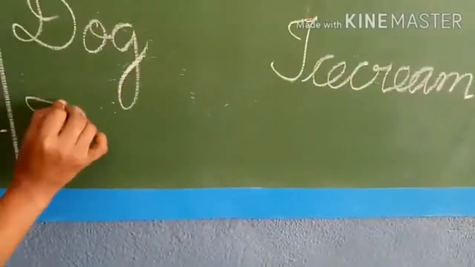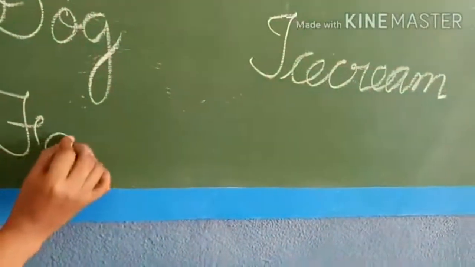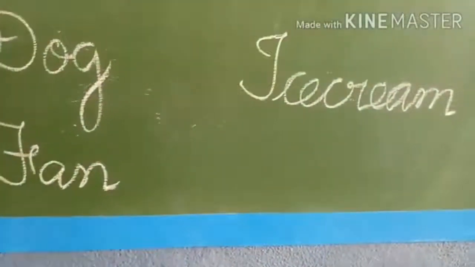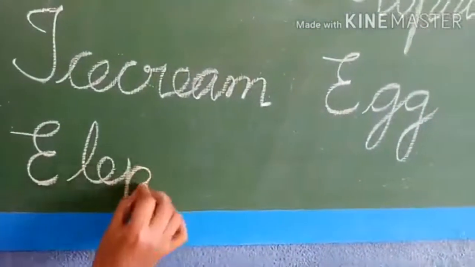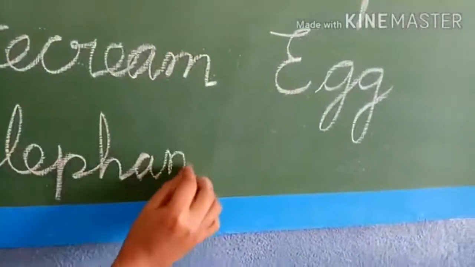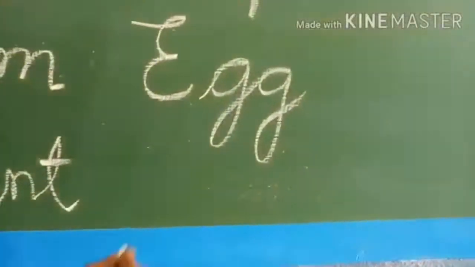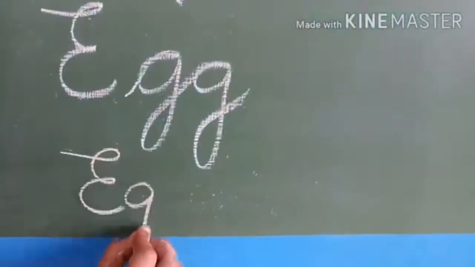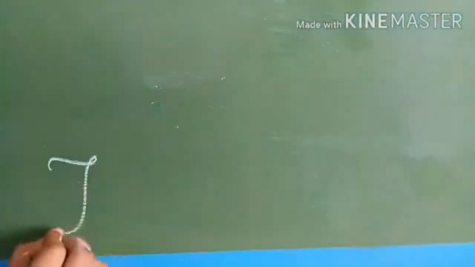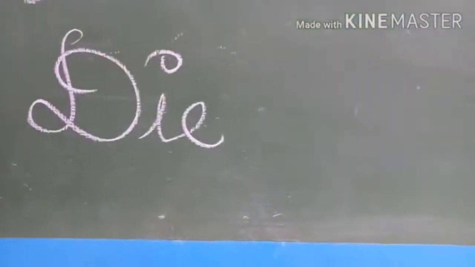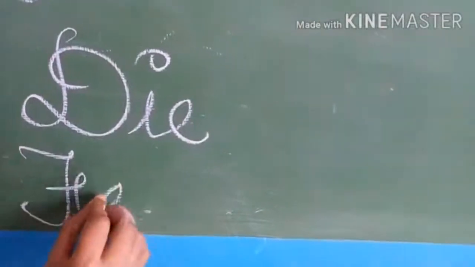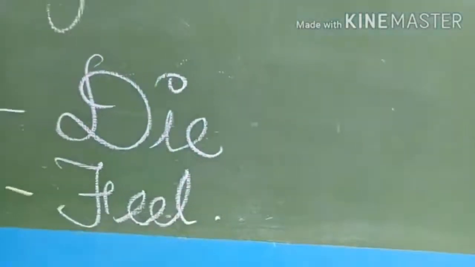The fourth one is fan, elephant, egg, and lion. The answer is feel.